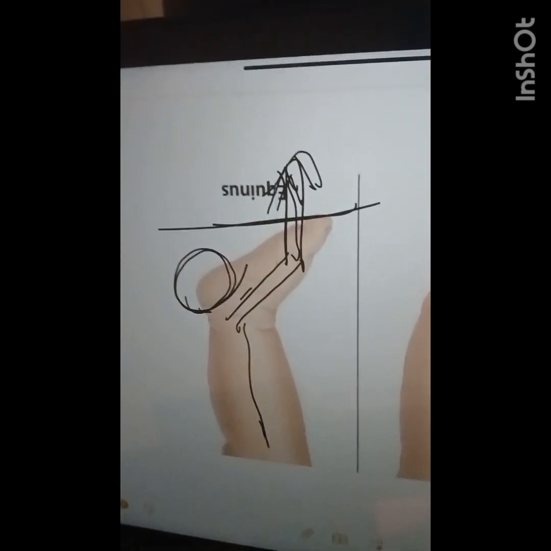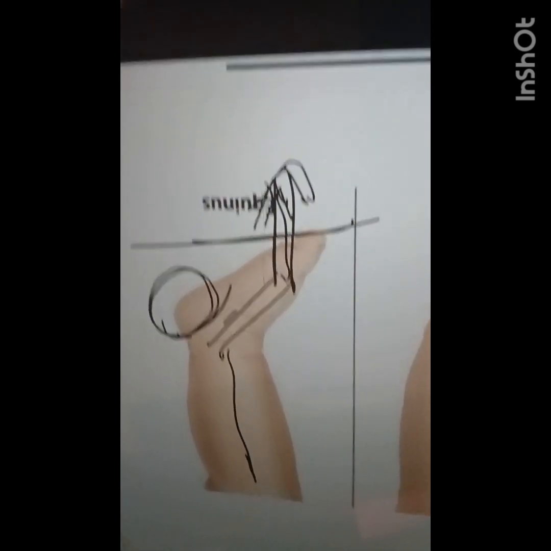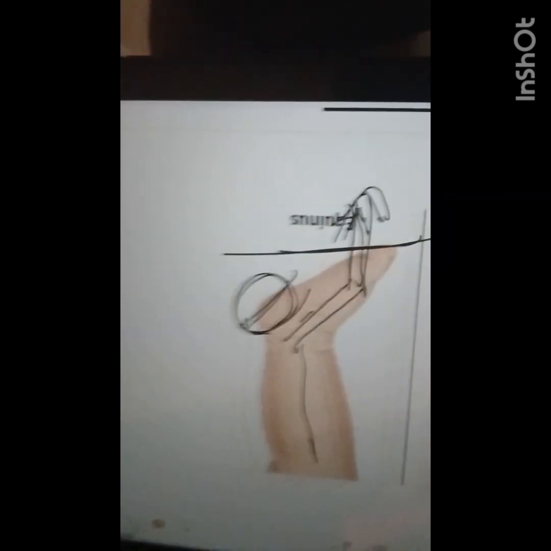The calcaneum doesn't take part in weight distribution. The calcaneum is always over the ground. Now this talipes varus, foot is inverted, and this is the talipes valgus, foot is everted.